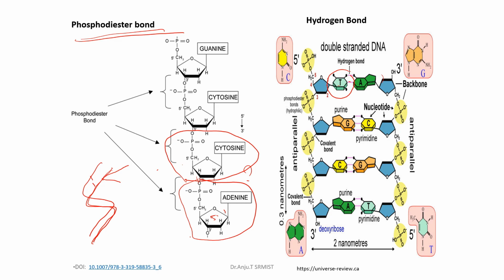So the two strands are linked together. This is strand 1 and this is strand 2. These two strands are linked together by hydrogen bonds between the nitrogenous bases.